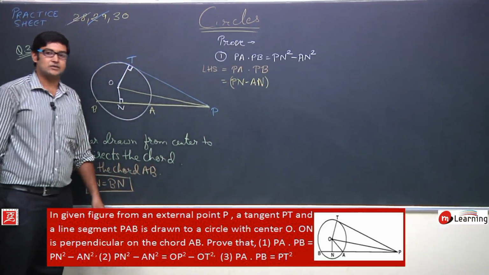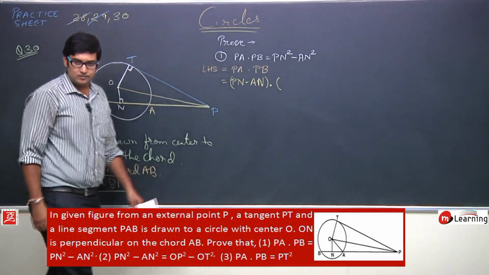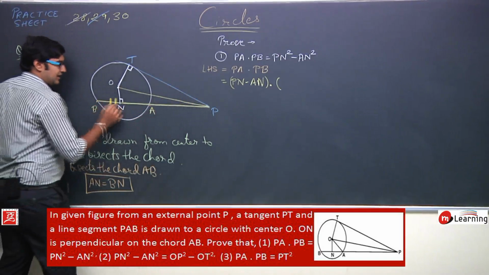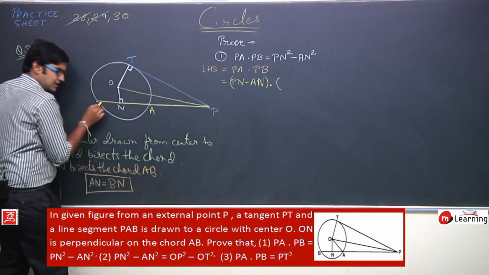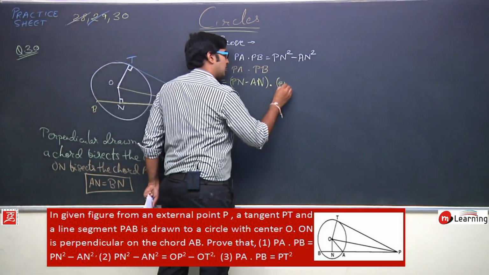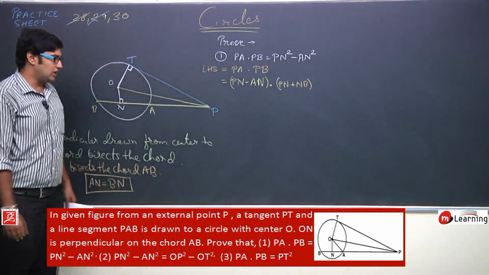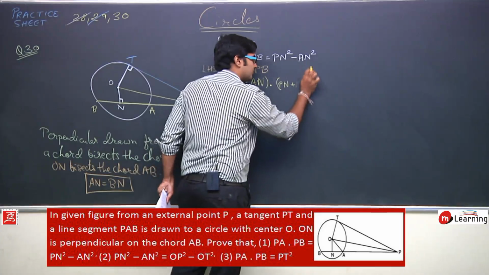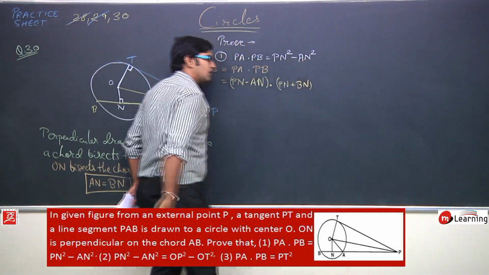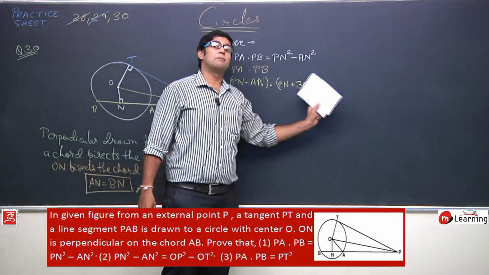And what about PB? I can see that the PB length can be written in terms of PN also. I can write PB is PN plus NB, or BN. So PN minus AN into PN plus BN.